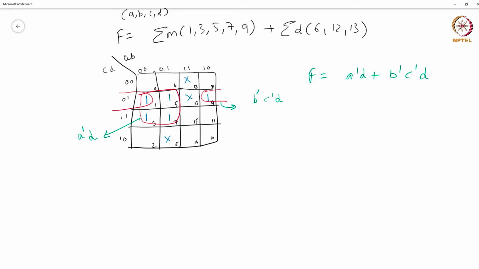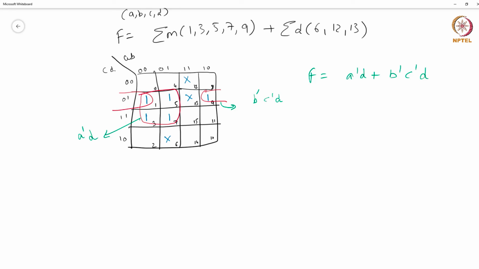Now let us say these don't care conditions are also given. Don't care conditions mean these input combinations will never come or will not be possible. Because these combinations will not be possible, if those conditions are in favorable cases, we can combine them to create something which would be of minimum form.